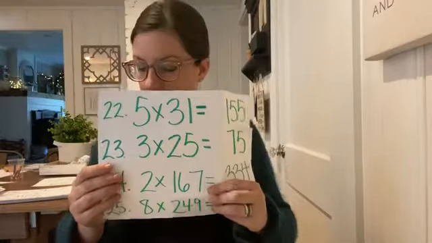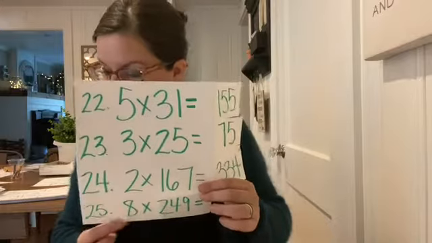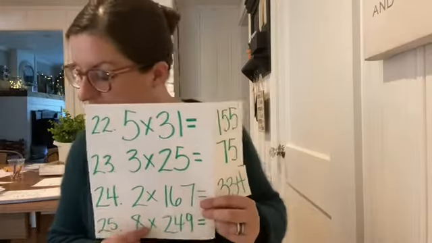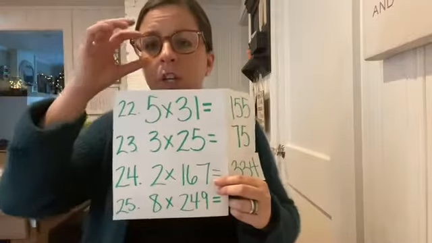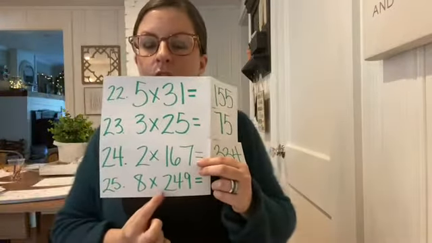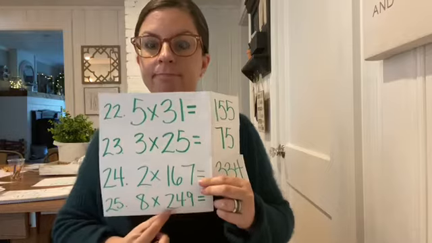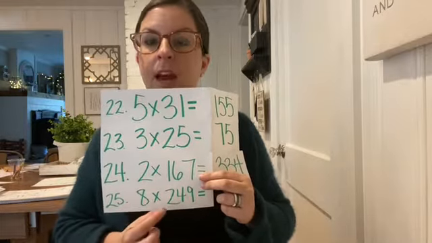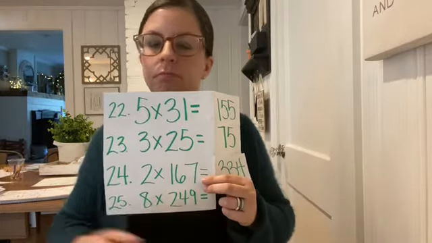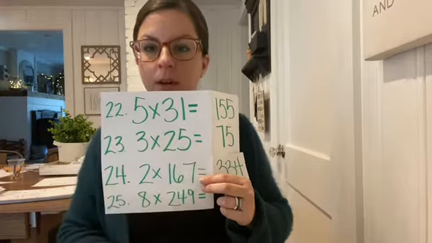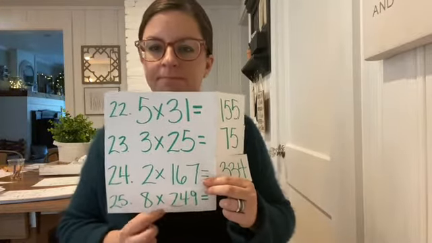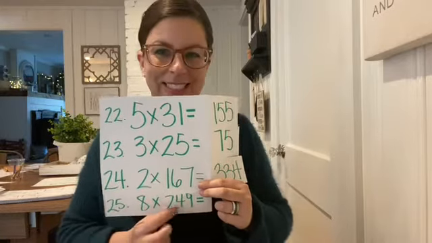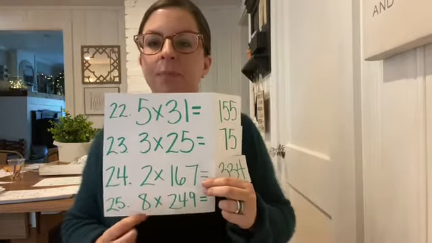And number 25, 8 times 249. What is a good compatible number for 249? I would say 250, which is just a 25 with a 0 on it. So 8 quarters, how many dollars can you have? That's right, $2.